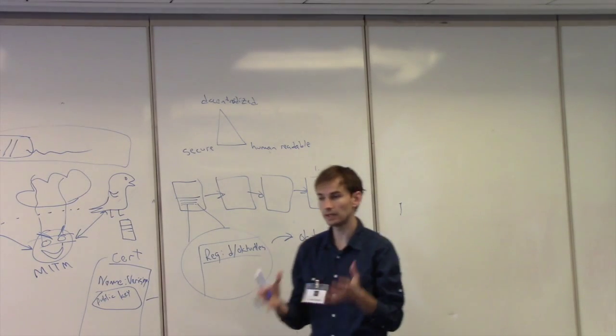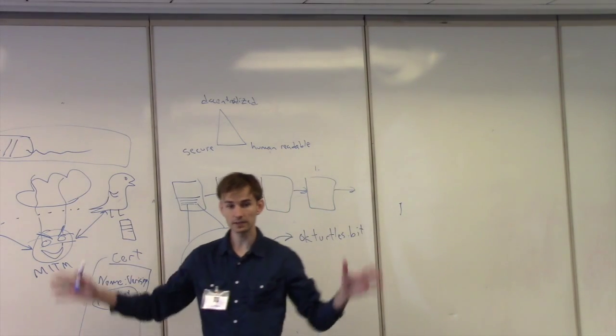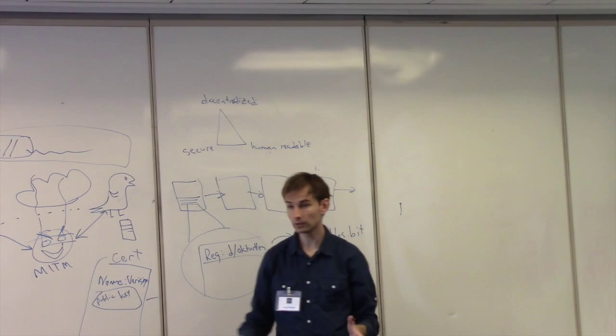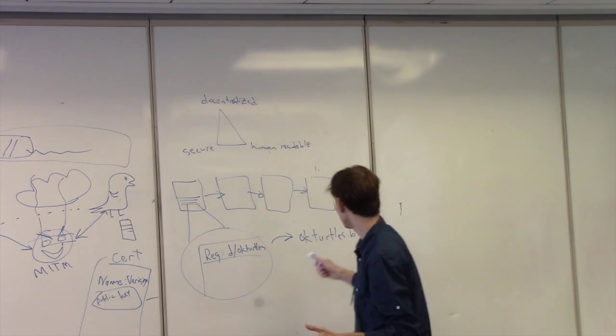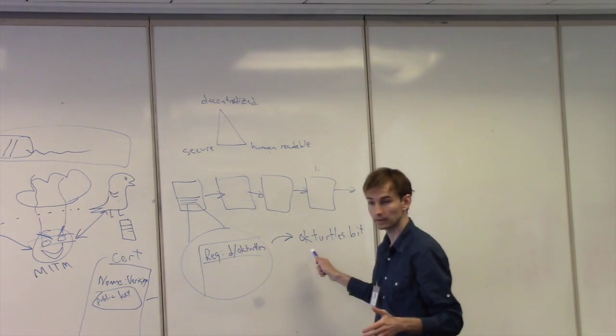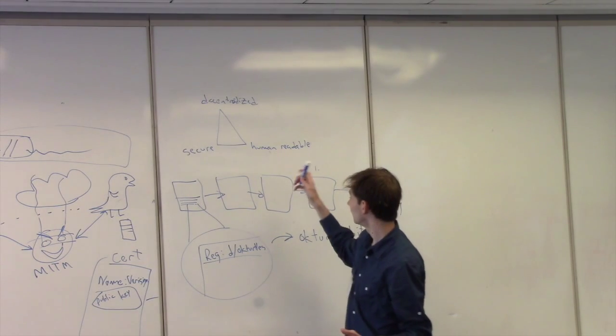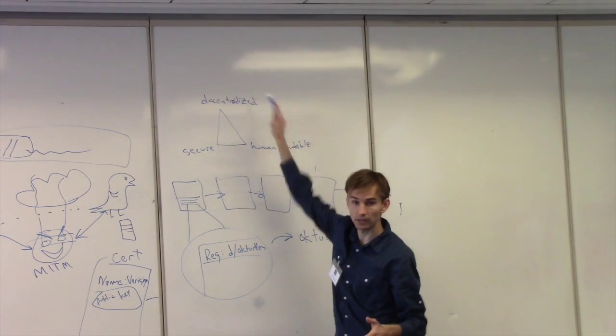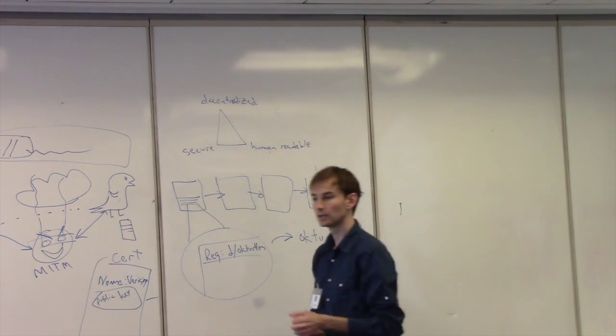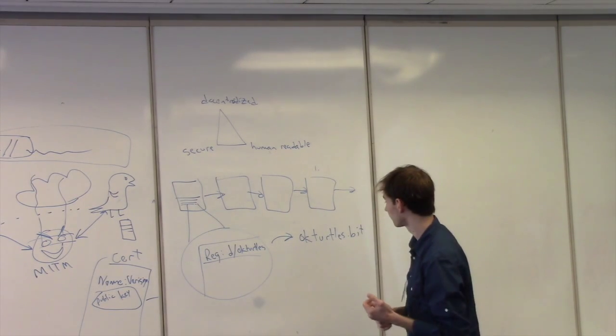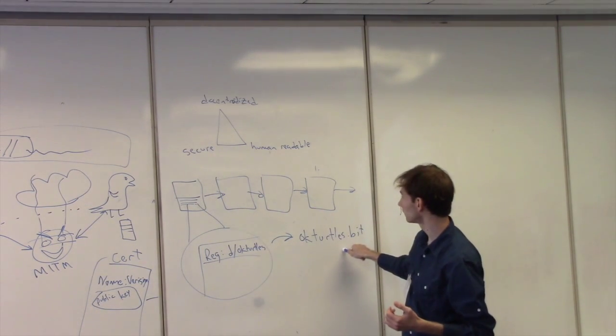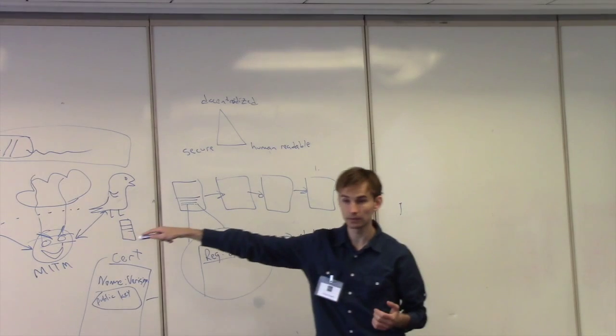Where you can have this one database, effectively, that's shared across the entire planet, so that no matter where you go, and you ask for okTurtles.bit, you'll get the same information. That's the decentralized part. And no matter where you go, you can talk to the website for okTurtles.bit without a man in the middle.